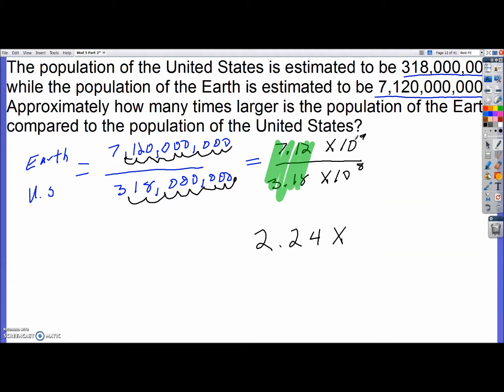I have the same base, and so all I'm going to do is subtract my exponents, so it's going to be 10 to the first power. So then if I simplify this into standard form, all I do is move this decimal one spot to the right. So it would be 22.4 times. Therefore, what this is saying is that the Earth's population is 22.4 times larger than the United States.